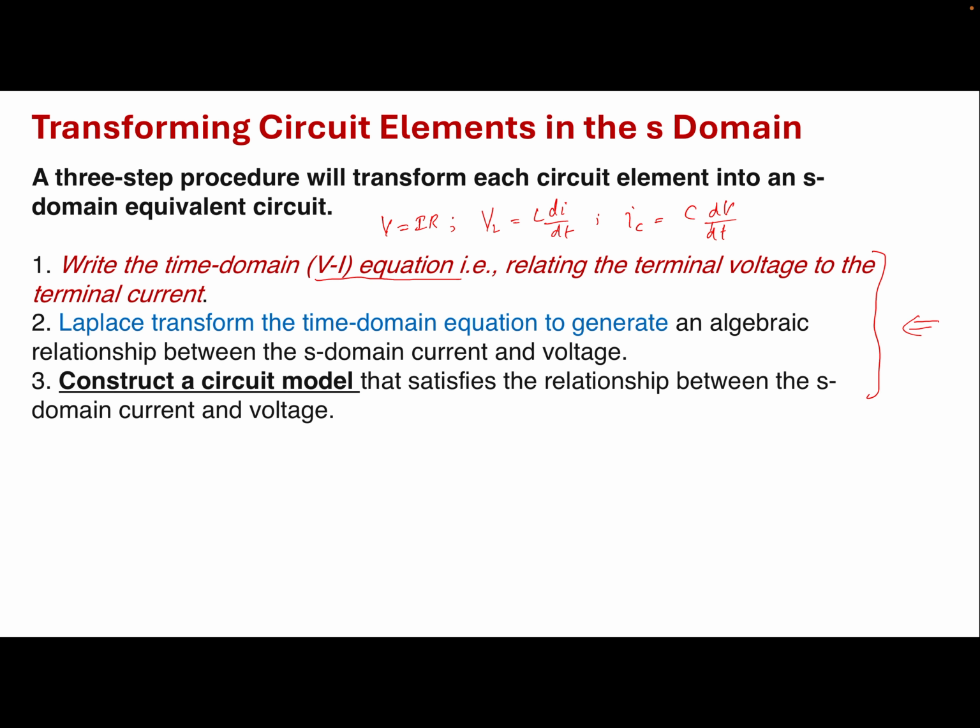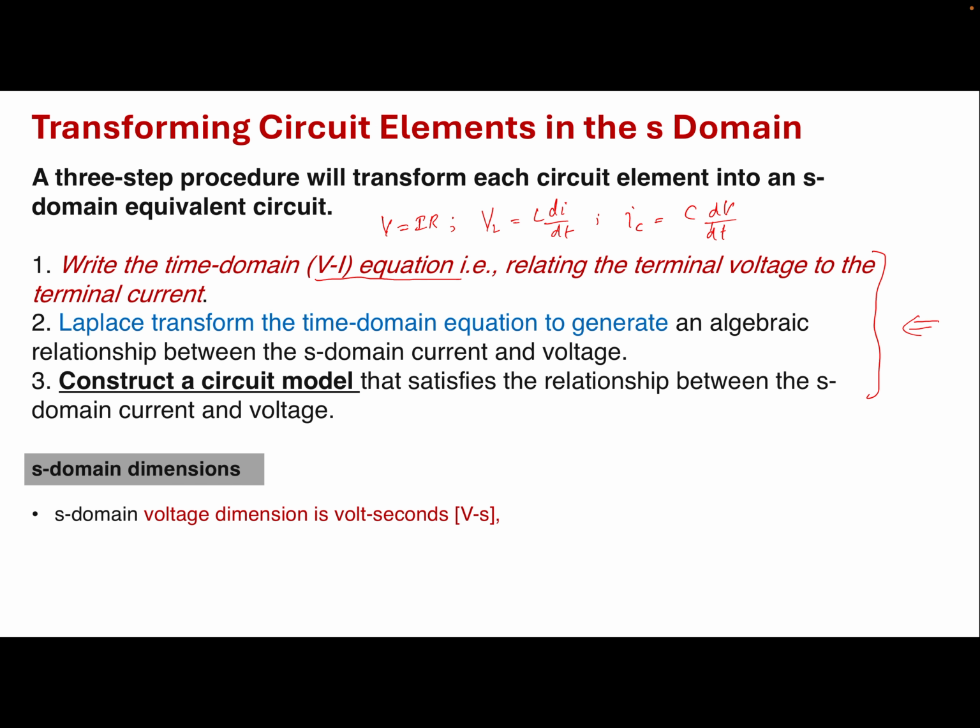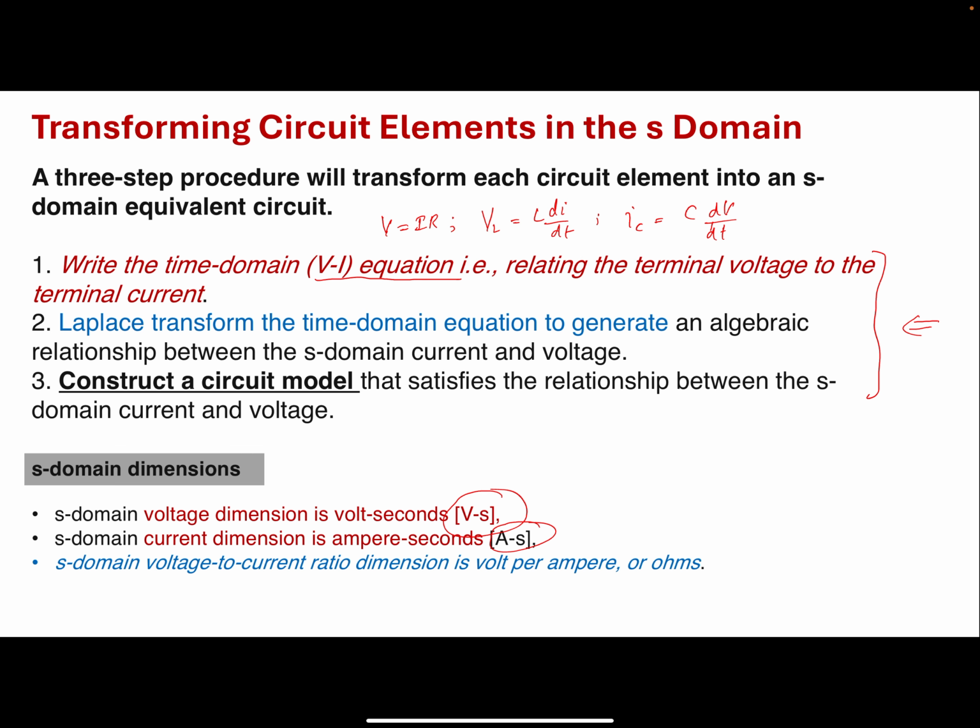Another important thing before I start modeling these circuit elements is the dimensions. In the S domain, the dimension for the voltage is volt seconds, and for the current it is ampere seconds. For the resistance, the S will be cancelled out, so the resistance or the impedance will remain ohms, or volts per ampere.